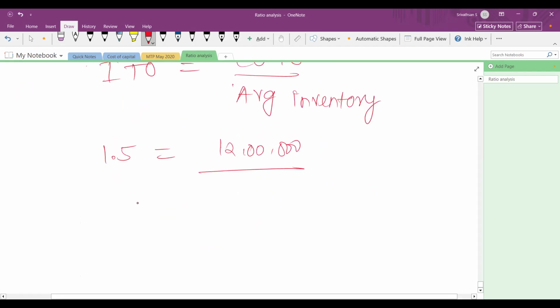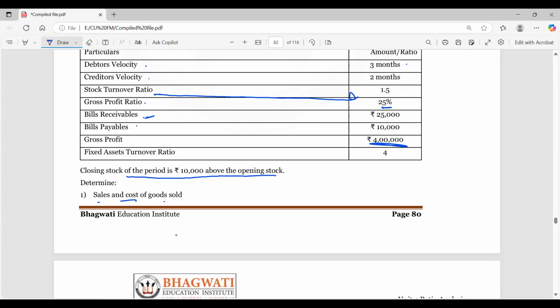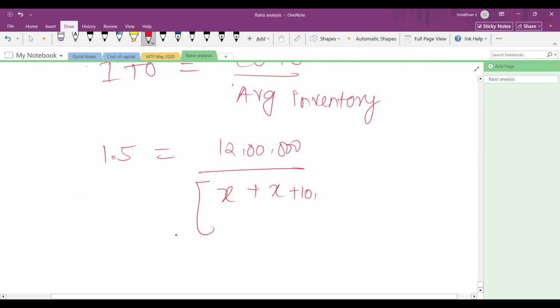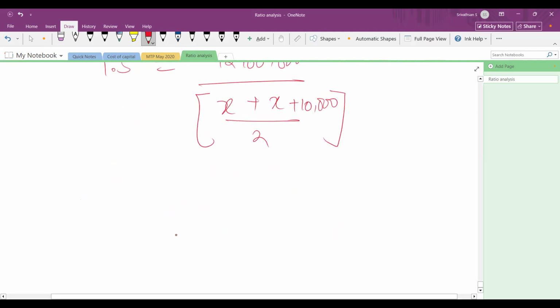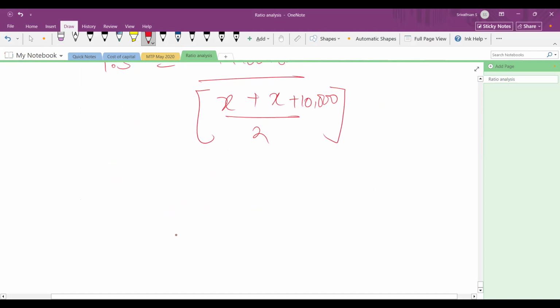Average inventory can be calculated as follows. Let's assume opening stock is X, and closing stock is 10,000 more than the opening stock, so we can write it as X plus 10,000. Is this clear to everyone? Any doubt? Divided by 2. Now calculate the value of X, which is nothing but the opening stock.